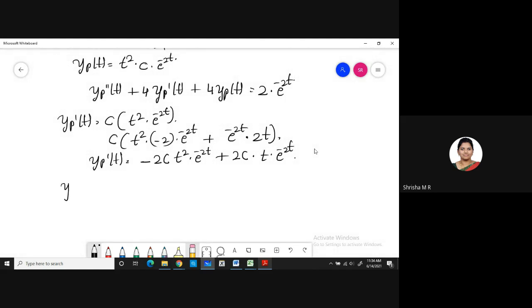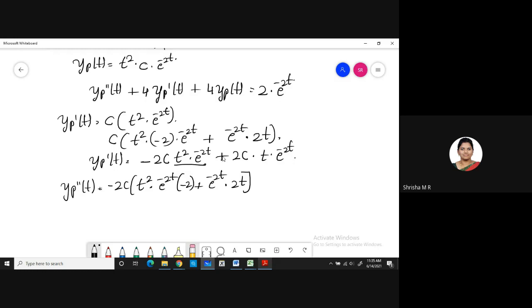So now you find yp double dash of t. It means you have to differentiate this signal once again. So what do you get? Minus 2c I will take outside. I have the product rule again. t square I'll keep constant, so you have e power minus 2t into minus 2, plus e power minus 2t into 2t.